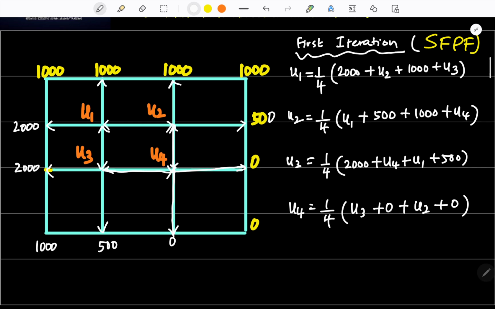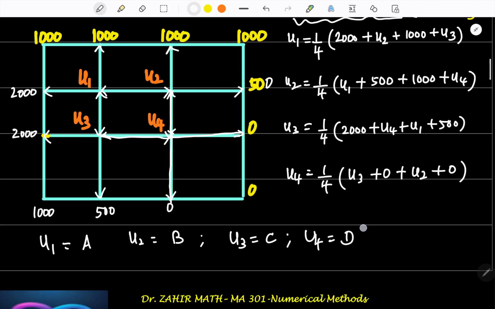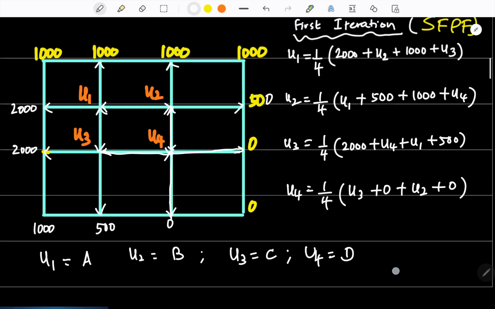So all these things you have to write, but we are not going to do manual work because we have only 4 constants. I'm going to use the calculator, keep in your mind. For u1 you use the calculator key A, u2 is key B, u3 is C, and u4 is equal to D. So use these keys and write all these 4 equations.